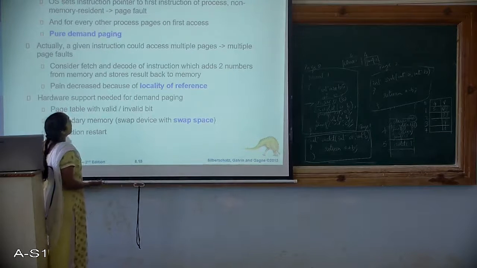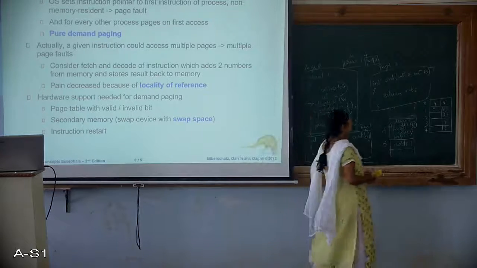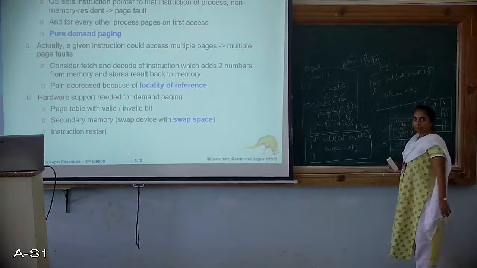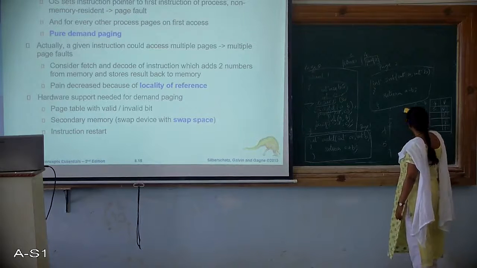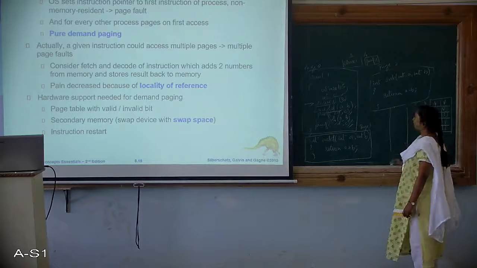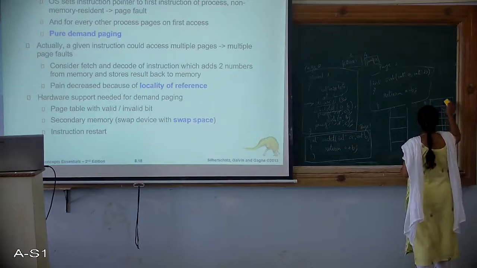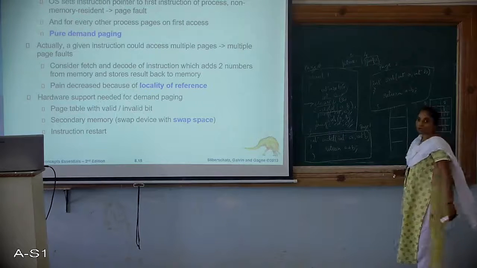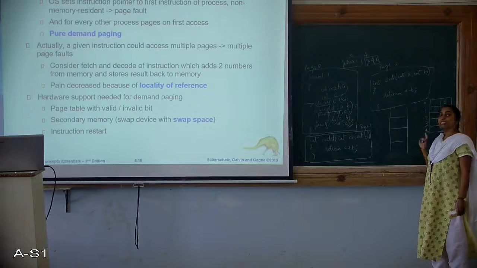So what we have here are extreme cases. Initially I started with the first page loaded into a frame. So what happens if you don't have even this? None of the pages are loaded. All page bits are invalid.